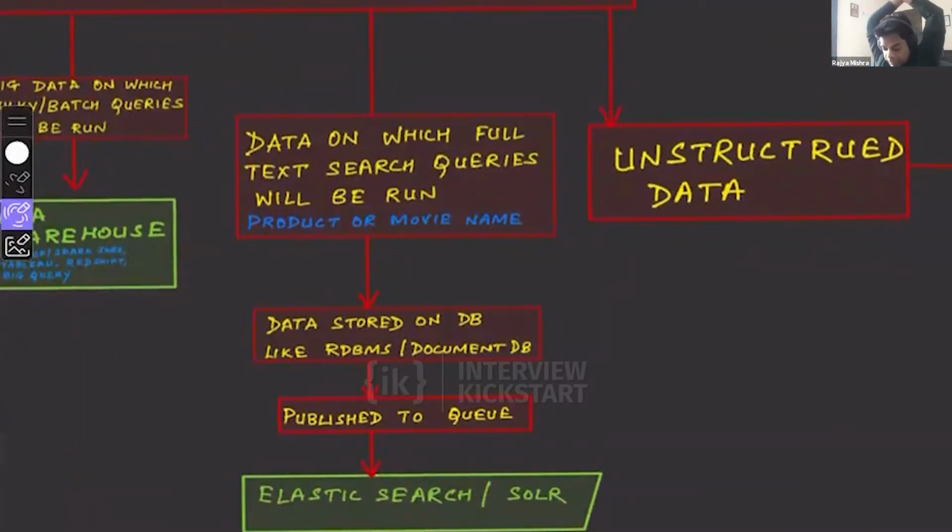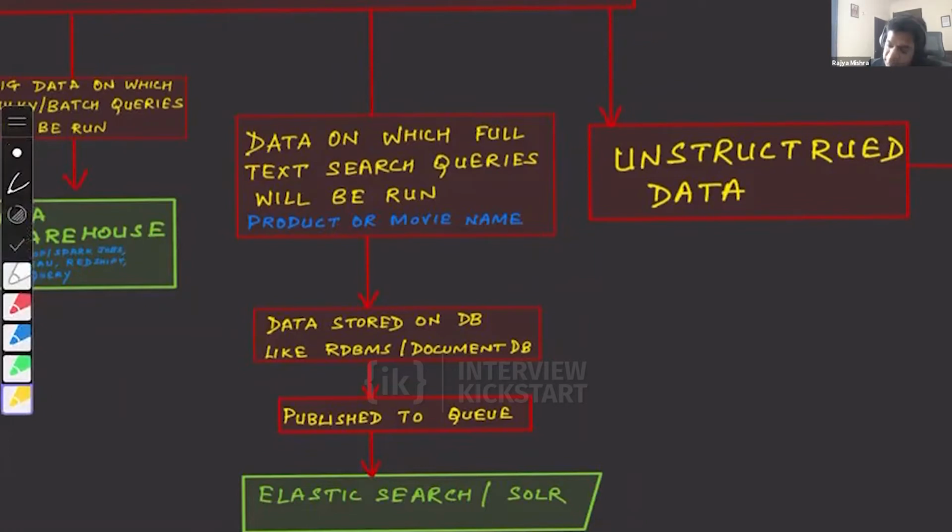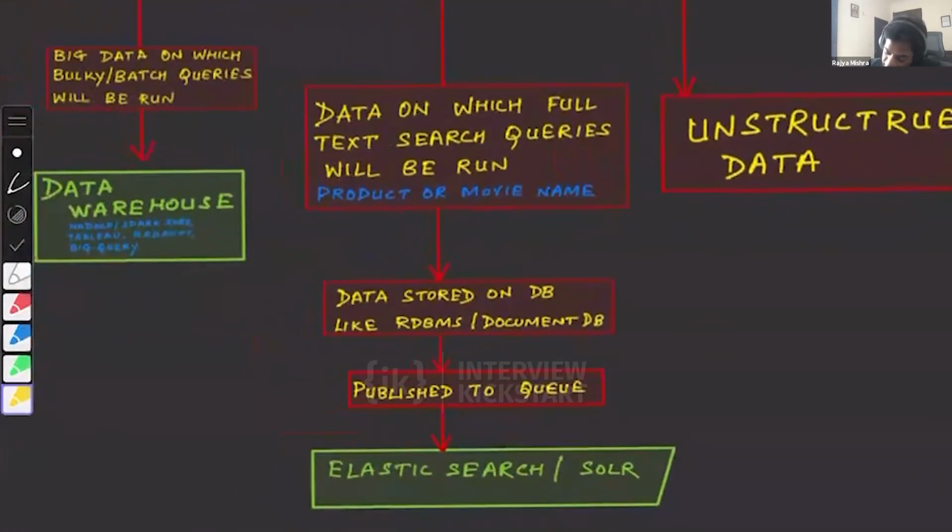Then comes the next section, data on which full text search queries will be run. Let's say you are building an e-commerce website and you have a lot of products like mobile phones, right? Apple, Samsung, a lot of mobile phones are there. And people are searching for a specific string. So you take that user's search string and you match it in your database with the product names. And this matching does not need to be exact.